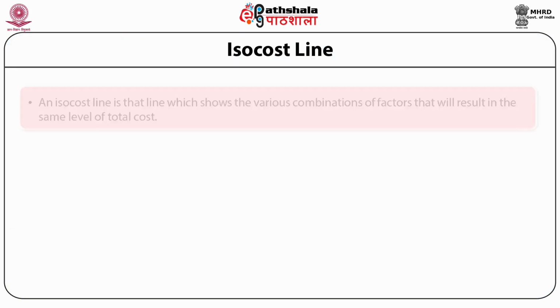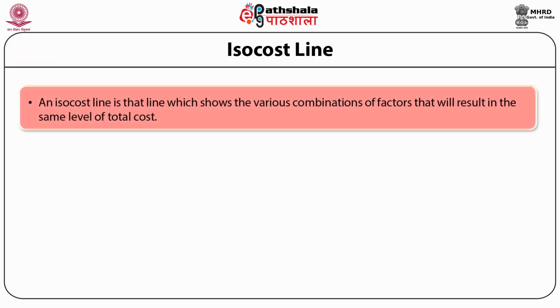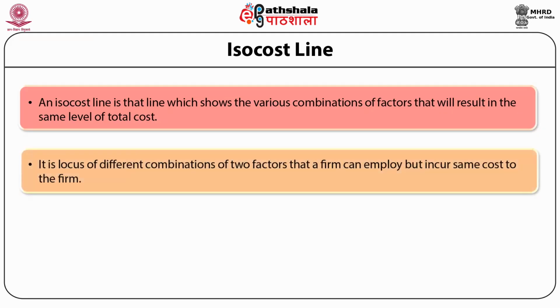Isocost line. An isocost line is that line which shows the various combinations of factors that will result in the same level of total cost. It is the locus of different combinations of two factors that a firm can employ but incur the same cost to the firm.